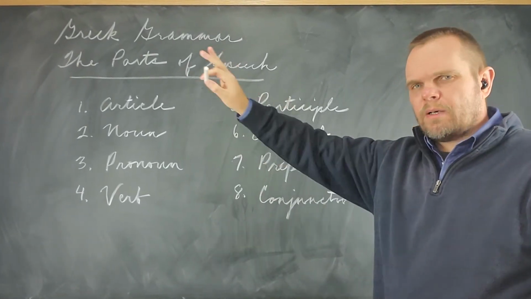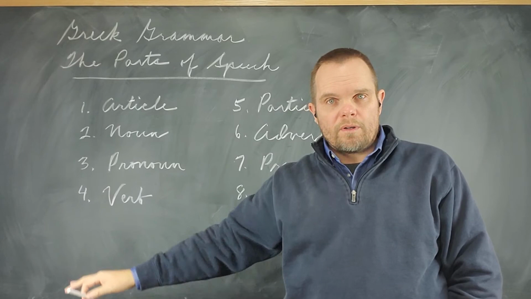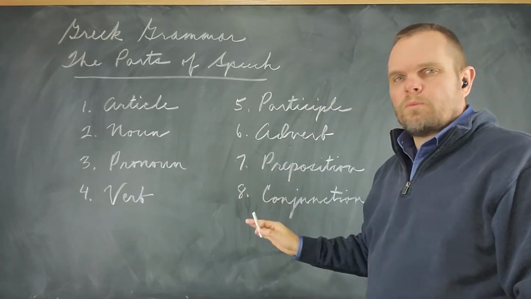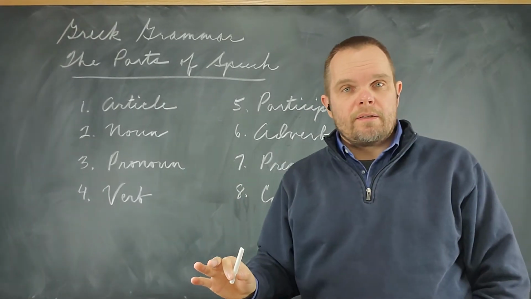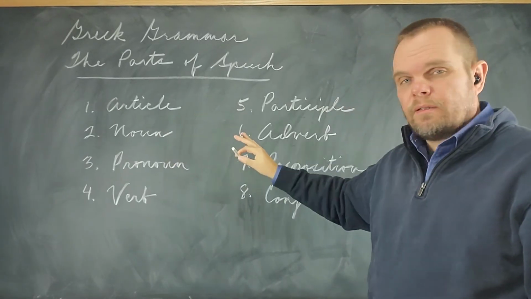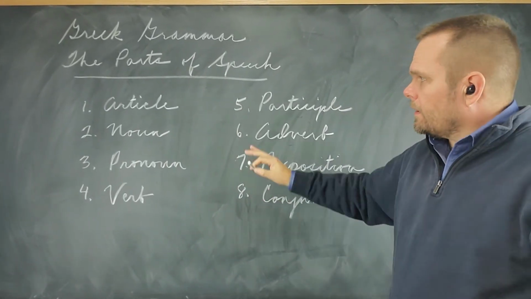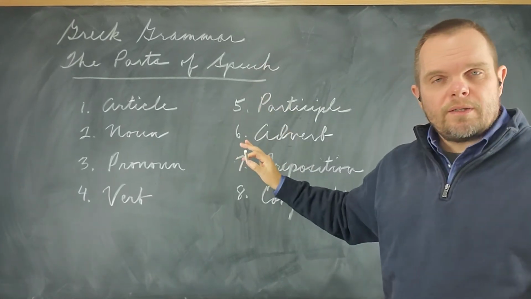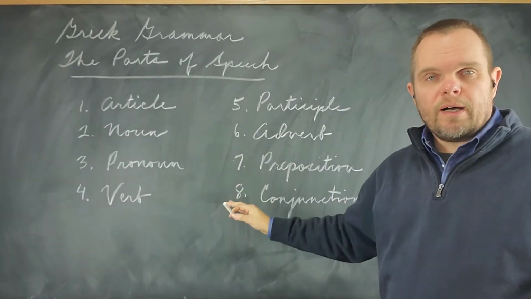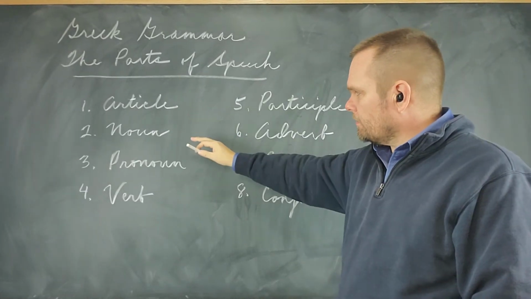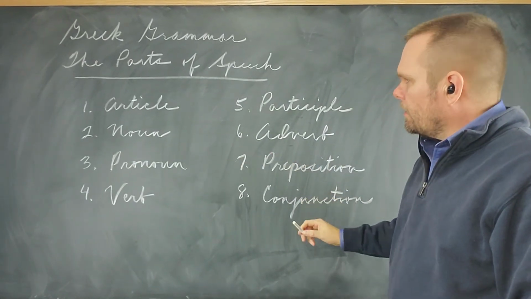And even though there are thousands and thousands of words, all of those words divide into just 8 different classes of words. All of the words in the Greek language divide into these 8 different classes.